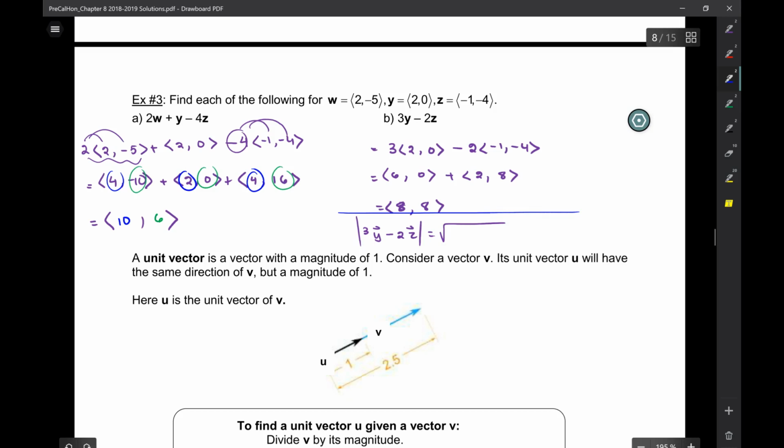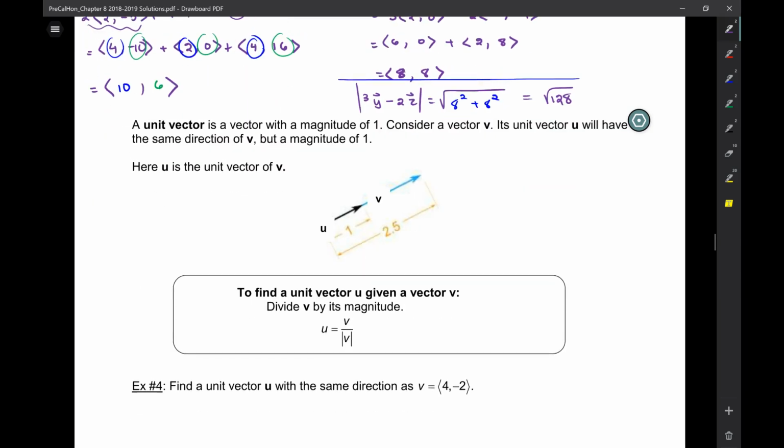So this is my vector, and if I wanted to find its magnitude, it'll be 8 squared plus 8 squared. That's the square root of 64 plus 64, and then you simplify.